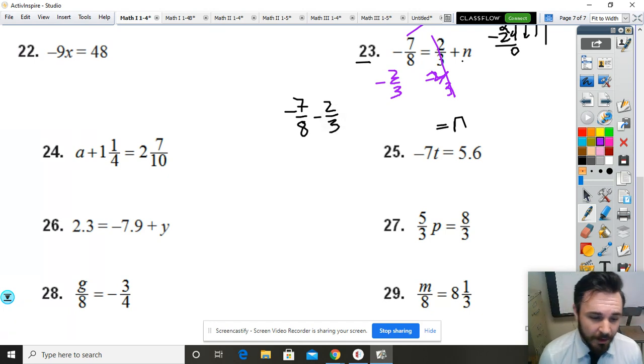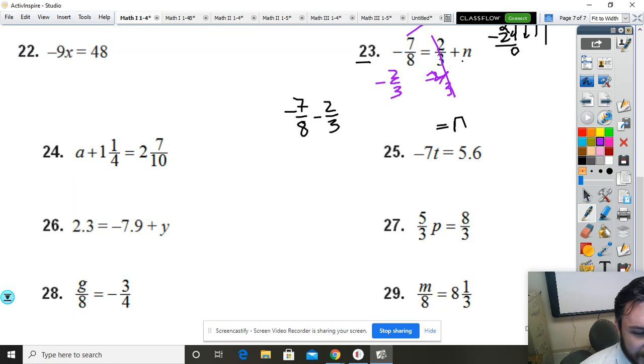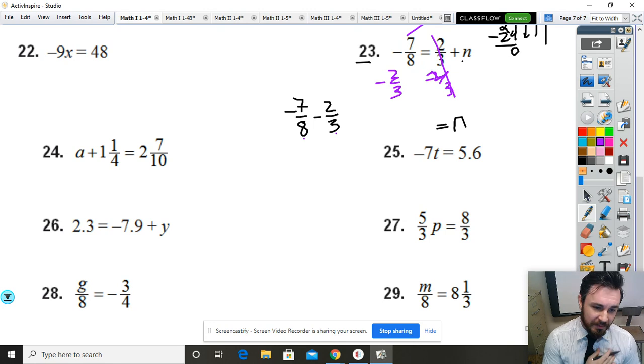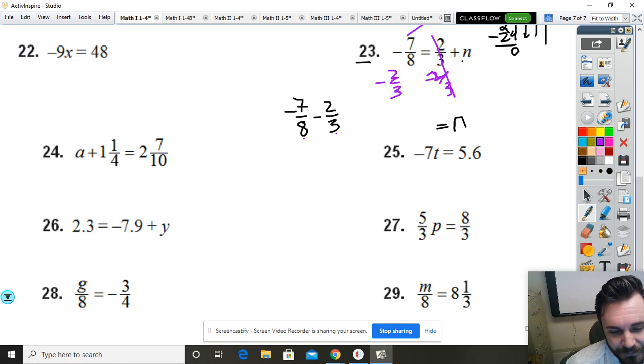Just a review on fractions: multiplying and dividing fractions are awesome because you can just do it, but adding and subtracting is a little more difficult because we can't add or subtract until we have a common denominator. In this case, 8 and 3 are not common, so we have to find the least common multiple. What's the first number that both of these go into? You multiply those numbers together to get 24.